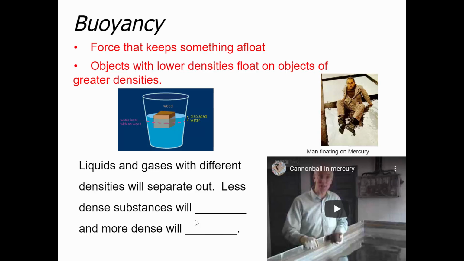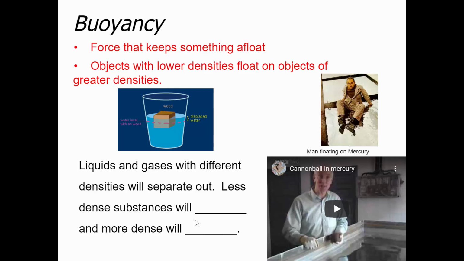If you have an object that has a density of 0.5 grams per cubic centimeter, it will float so that exactly half of it is above the water and half is below the water. What if you had something with a density of 0.1 grams per cubic centimeter? Yeah, it'd be floating very, very high on the surface of the water because it has a very low density.